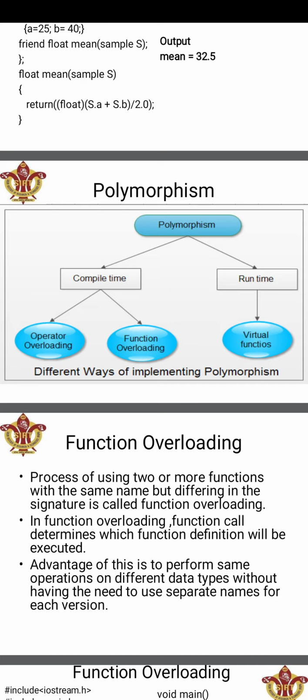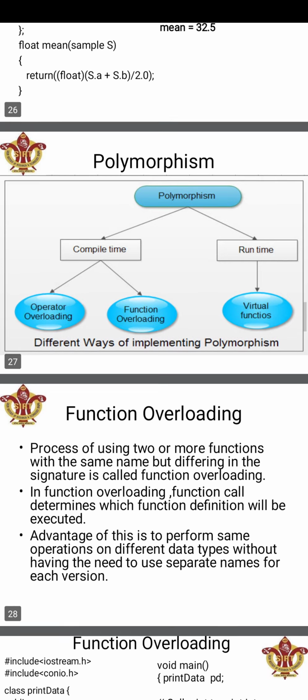So it should be able to identify which function has to be executed depending on the kind of argument I am sending to that function. The name will be the same, that is area, which is the function name, for calculating the area of a rectangle as well as the circle and the square, and so on.